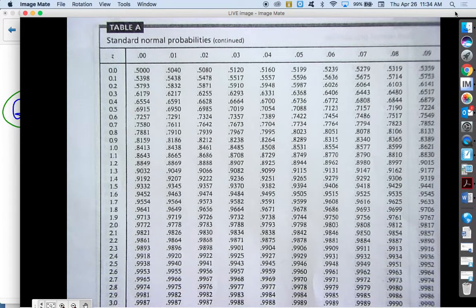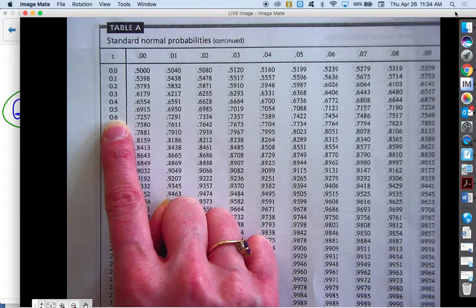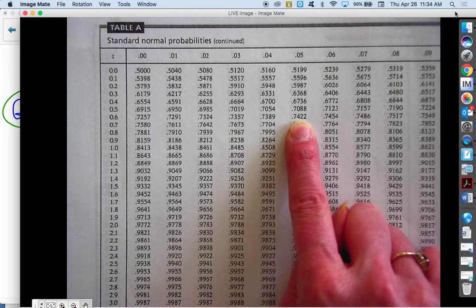The second number is the hundredths place, and that tells you how far to go over on the chart. So we're going to go down to 0.6 because my number was 0.65. And then we're going over to the column that has 0.05 because it's 0.65. So all the way over. Oh, I'm on the wrong side.